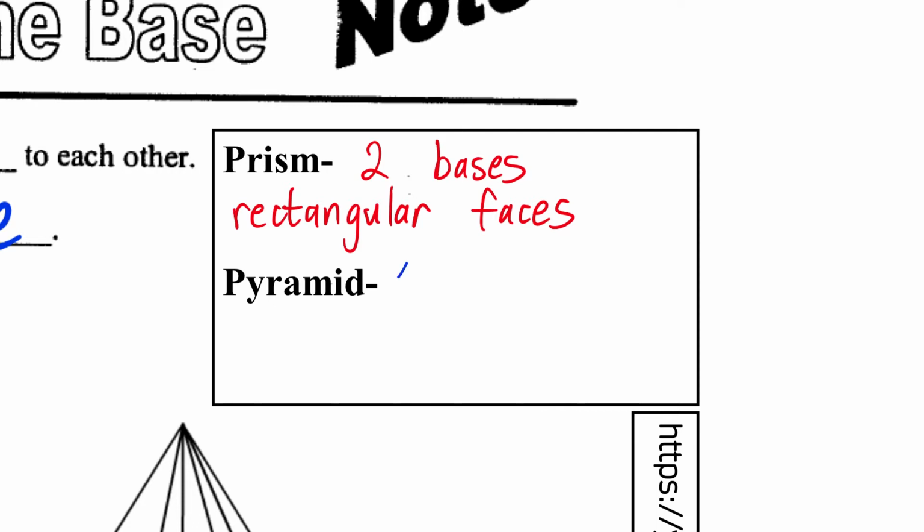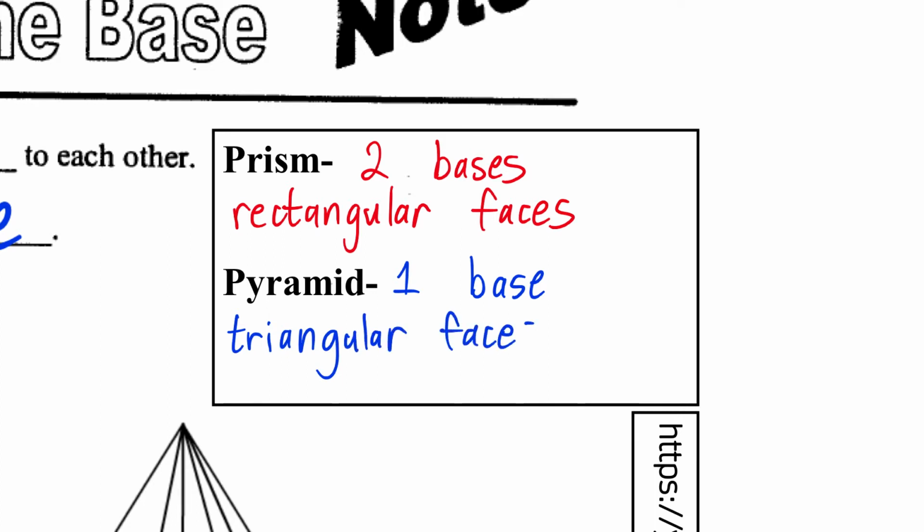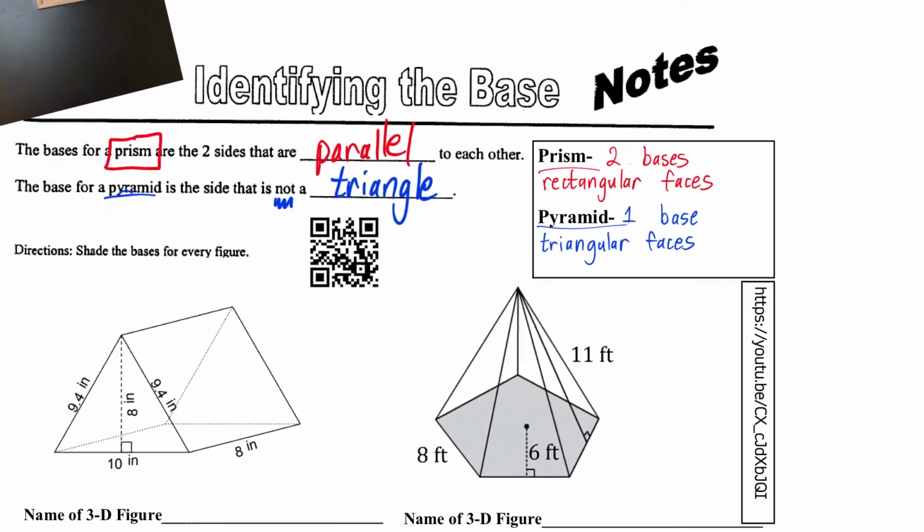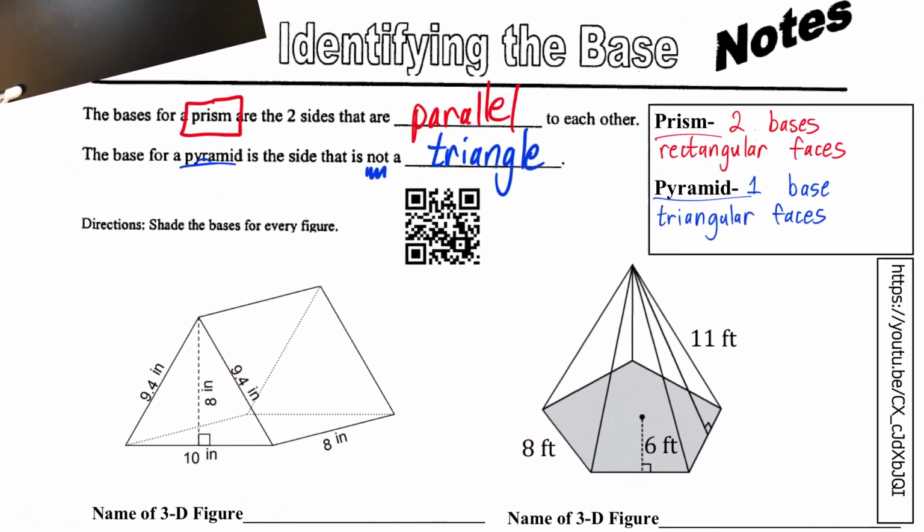A pyramid always has one base, and it has triangular faces. Prism has two bases, rectangular faces. A pyramid has one base, triangular faces. The first two here are a good example of what's going on there.